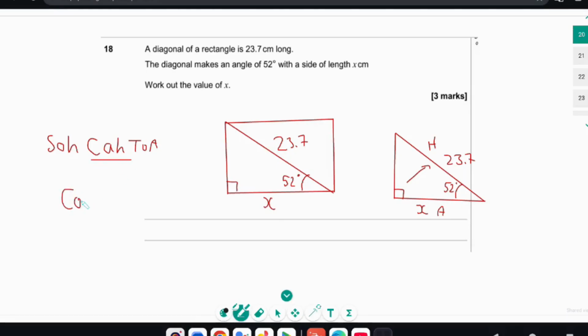Cos of an angle equals A over H. I need to make x the subject here by multiplying both sides by 23.7, which gives me x as 14.6.